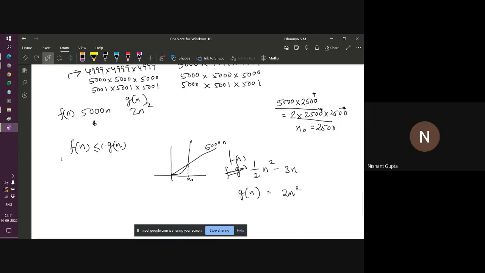If I take C value as 2, then I'll get the same value for which the relation changes as 10,000 instead of 5,000, which was previously given. If I take C as 4, then it becomes 20,000 when it is compared. So 10,000 cubed is equal to 2 into 5,000 into 10,000 squared. That will become the point where the graphs become equivalent.